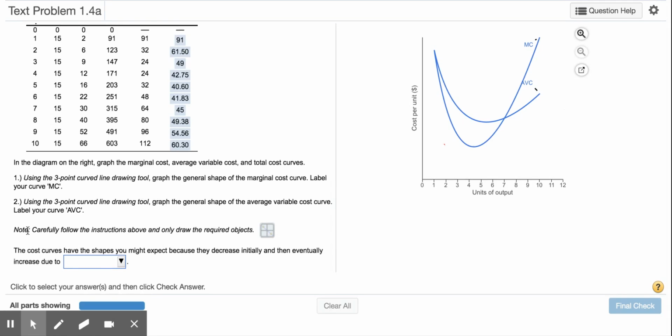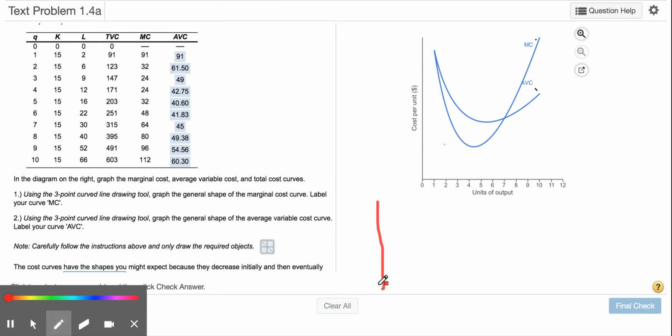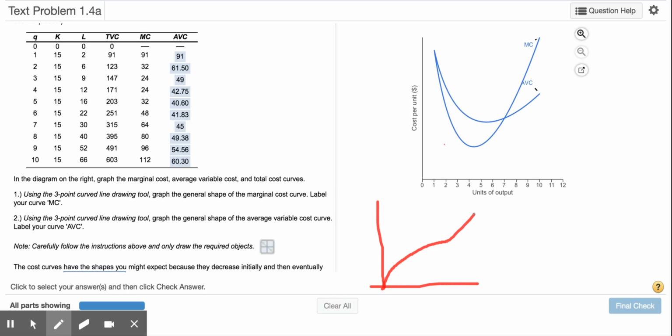Okay, we are not done yet. The cost curves have the shape you might expect because they decrease initially and then eventually increase. Why do the cost curves increase? You remember the shape of the total cost curve: it decreases, then it increases.